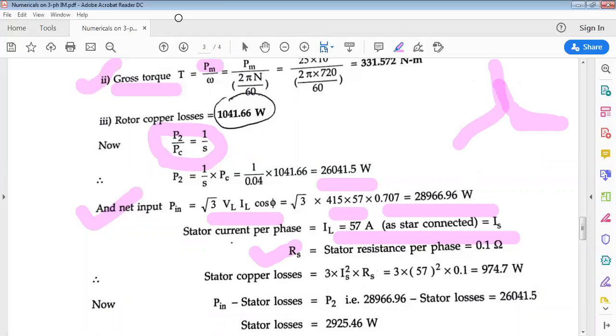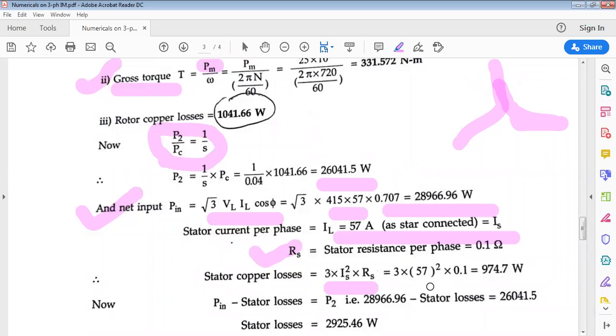For a balanced star connected load, are they equal or not? Equal. So line and phase current are equal. So 3 times I square into R is the stator copper loss.